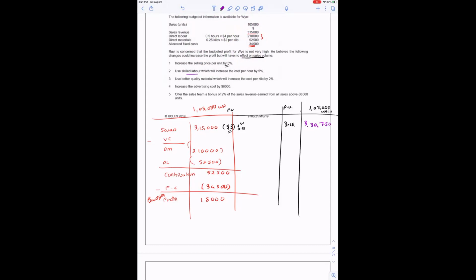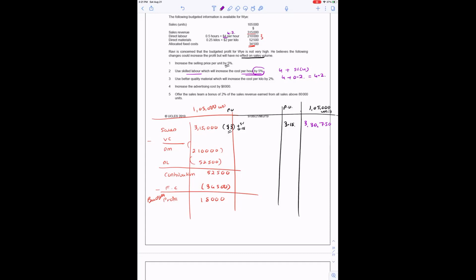Use skilled labor, which will increase the cost per hour by 5%. So $4 plus 5% of $4, which is 0.2, so the cost per labor hour will be 4.2.